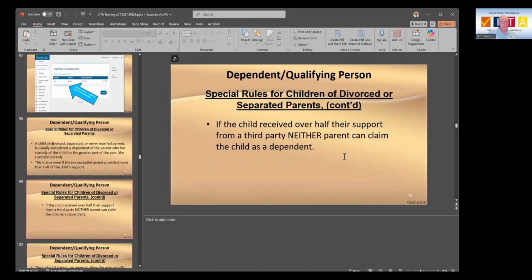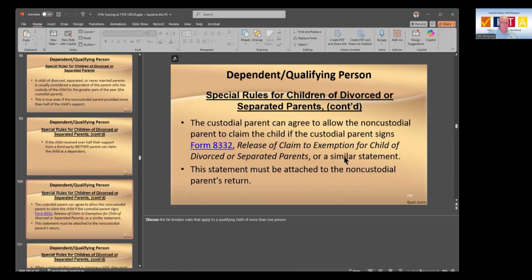This is interesting. If the child received over half of their support from a third party, neither parent can claim the child as a dependent. Okay, I guess that's possible. Grandma's paying all the support or they're getting federal assistance. This is rare, but it's possible.